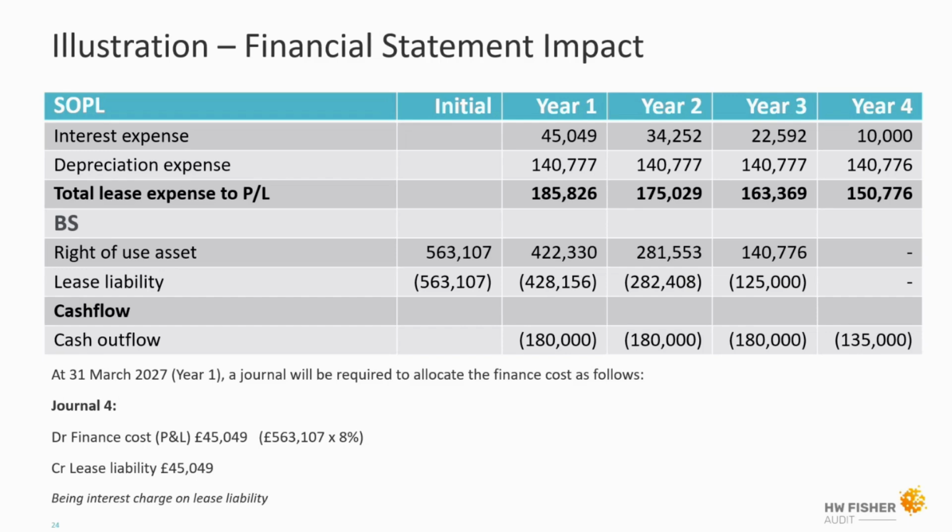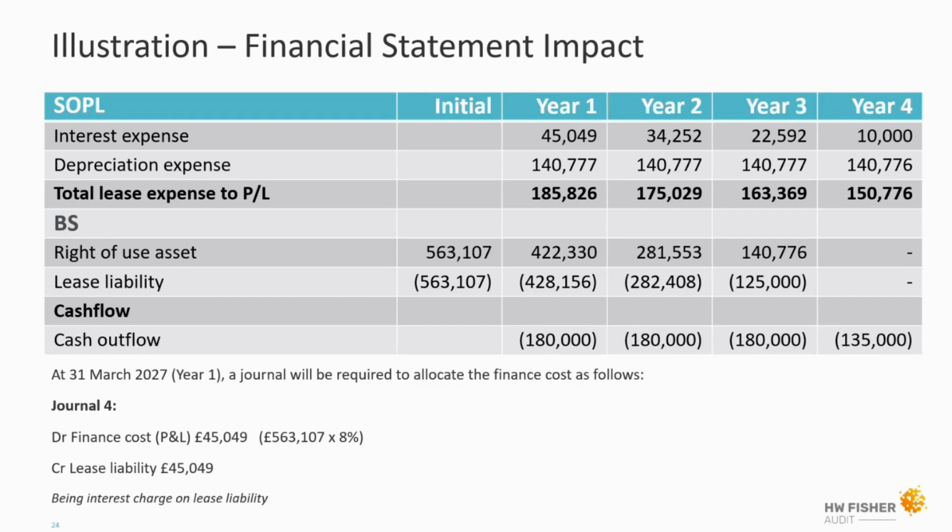So you unwind that now. We've unwound that at our 8%, so our lease liability has been reduced. You can see our cash outflow has stayed the same: £180,000 a year, that's what we're paying. But that is different to the expenses being recognised. And then we've got that final three quarters of a year at the end there.